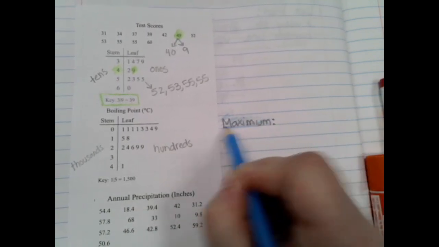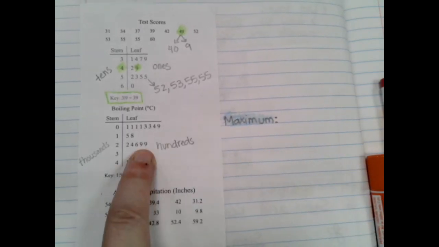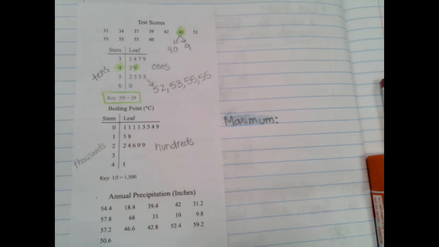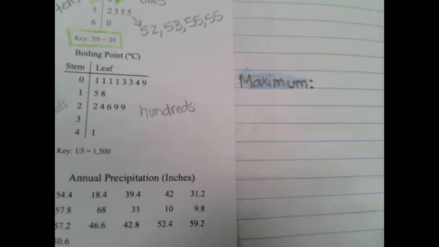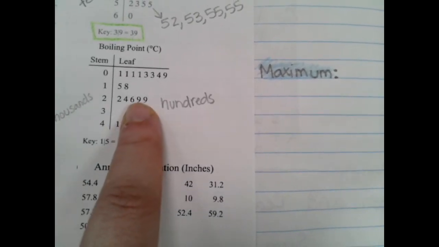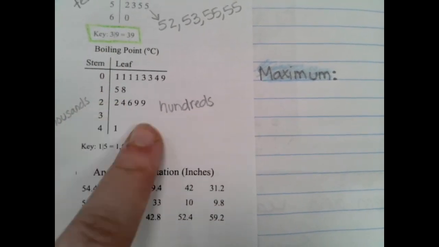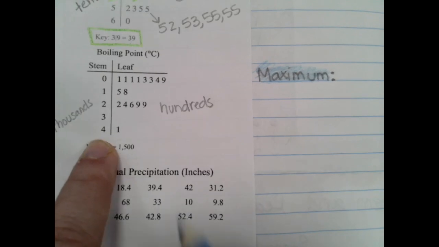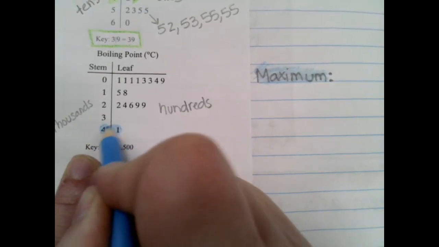When I look, with maximums you might think it's the highest number. So you might be thinking that this 9 is the highest. 9 is not the highest, because that 9 really represents what? 900. So I want to find first what's my highest thousand, because thousands are bigger than hundreds. 4. So 4,000, and that goes with 100.